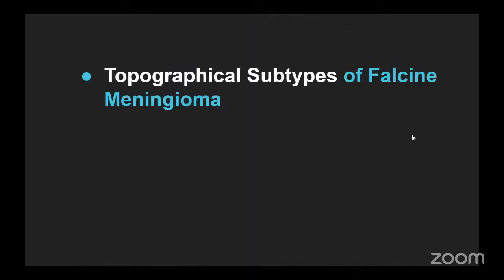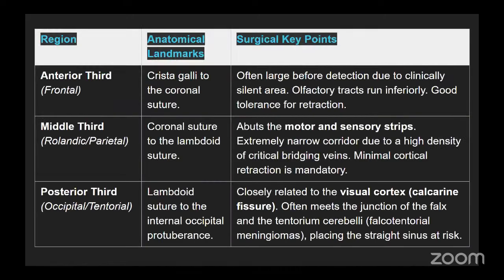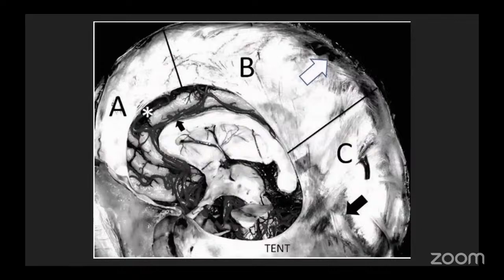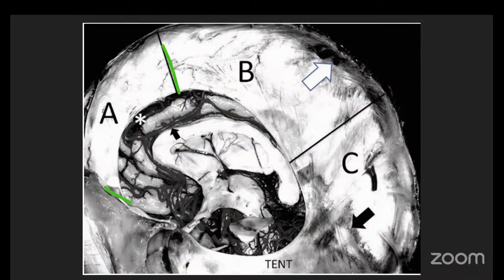We are only going to do the topographical subtypes of Falcine meningiomas because the anatomy did take a very long time. The topographical types are easy, and they are what the types of parasagittal meningiomas were. The anterior portion starts from the crista galli to the coronal suture. The middle portion starts from the coronal suture to the lambdoid suture. The posterior portion starts from the lambdoid suture to the torcula.